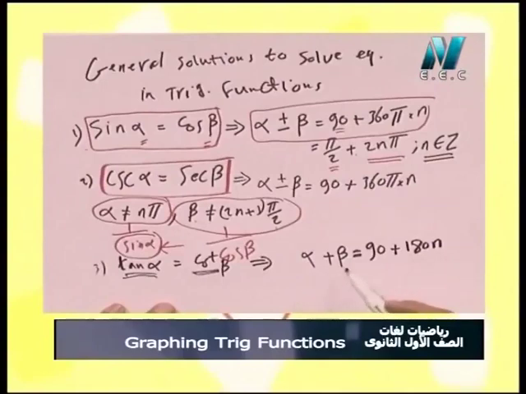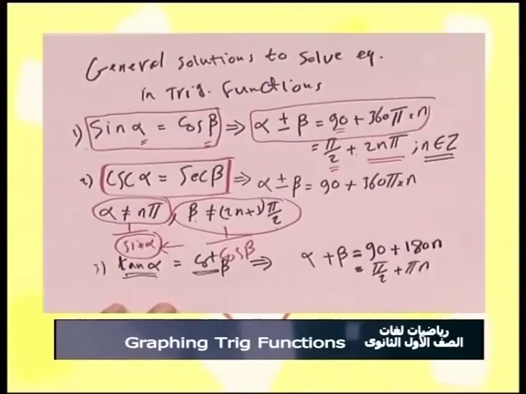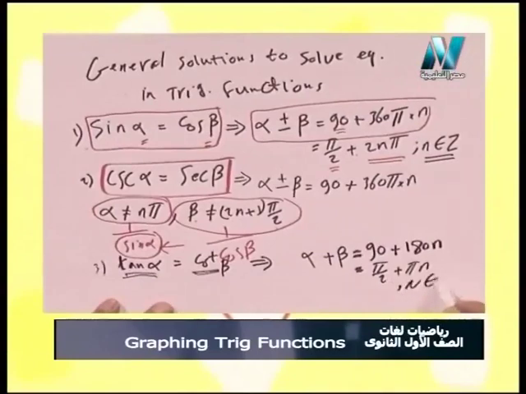So alpha plus beta equals 90 plus 180 n, or we can put it like that, pi over 2 plus pi n. And you know that n belongs to Z. Z is the integer numbers: 0, 1, 2, 3 and so on, negative 1, negative 2, negative 3 and so on. Okay, and concentrate on the exceptions.